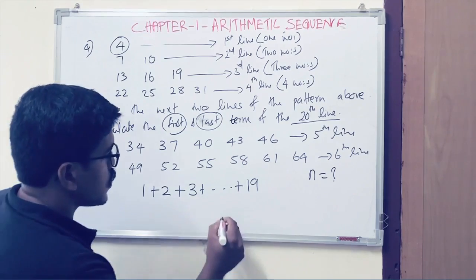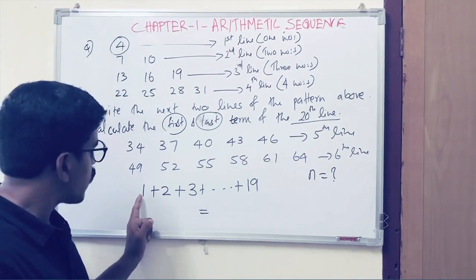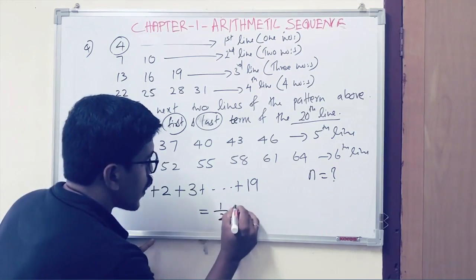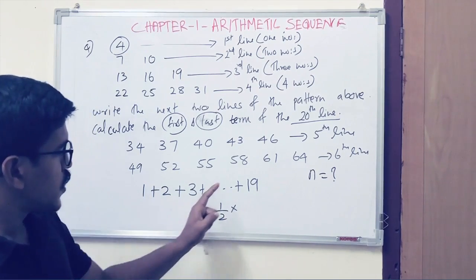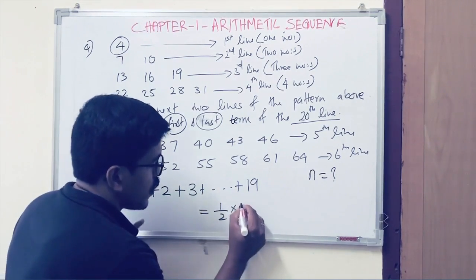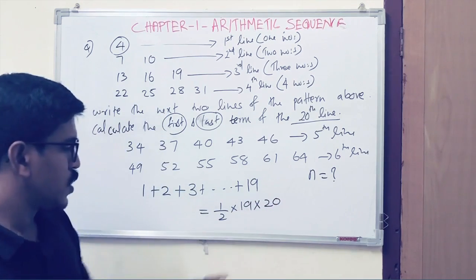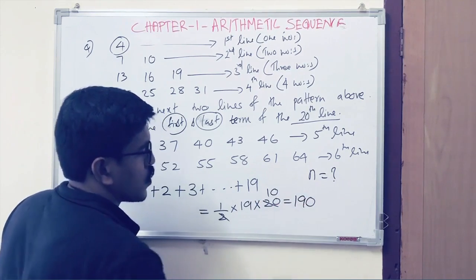Here you can see this is the sum of natural numbers starting from 1 till 19. So we can use the equation half into n into (n plus 1). Here n is 19, so 19 into 20, where n plus 1 comes to 20, and here we got 190.